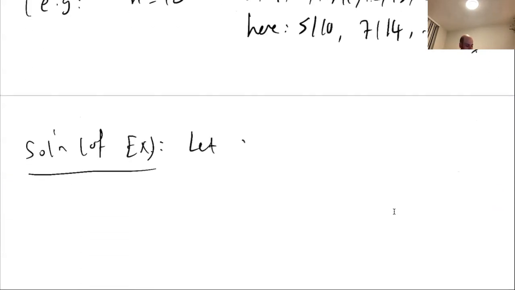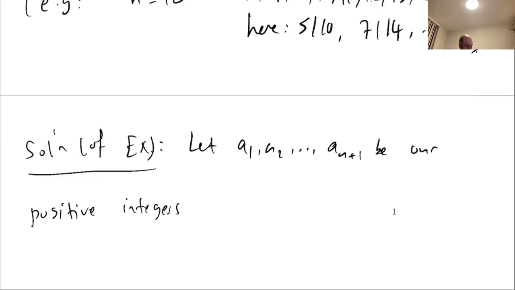So let a1, a2 to an+1 be our positive integers with ai less than or equal to 2n for every i between 1 and n+1. None of them exceed 2n, which means that all of them are less than or equal to 2n.